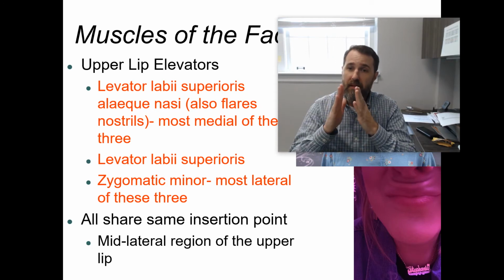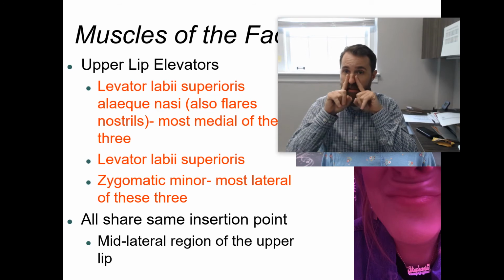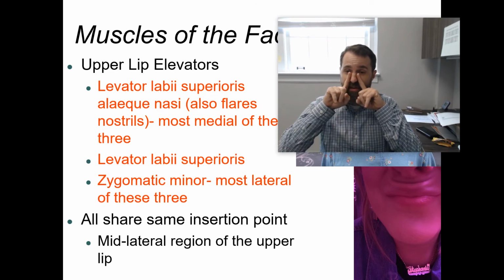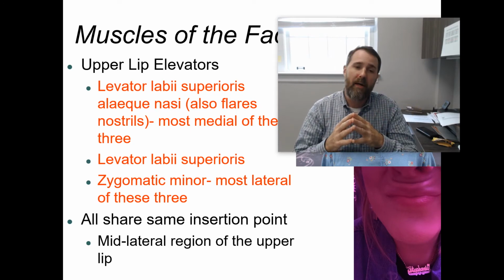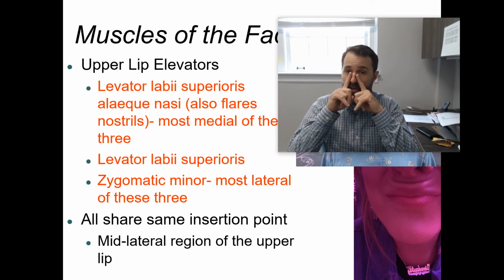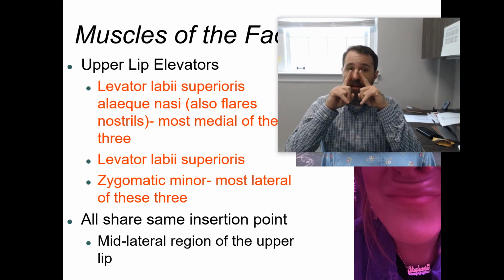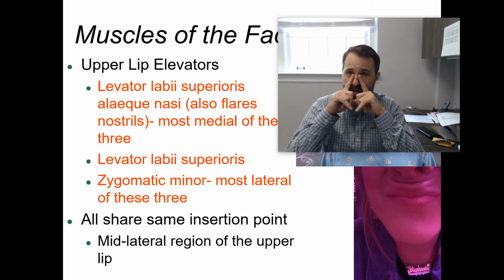This is the most medial of these three muscles. So it is the muscle that is the most vertical on your face. And by the way, that is the longest name of any muscle in the human body. That's a fact.